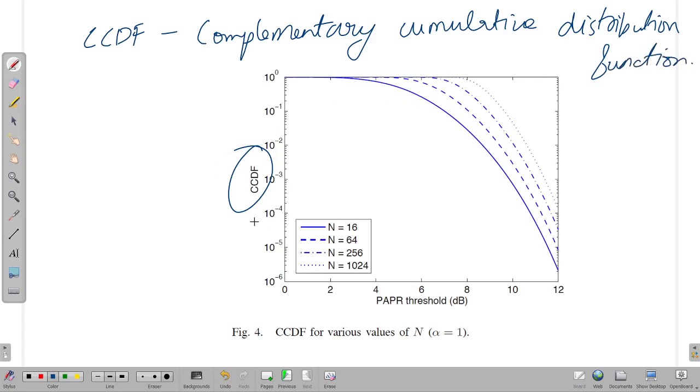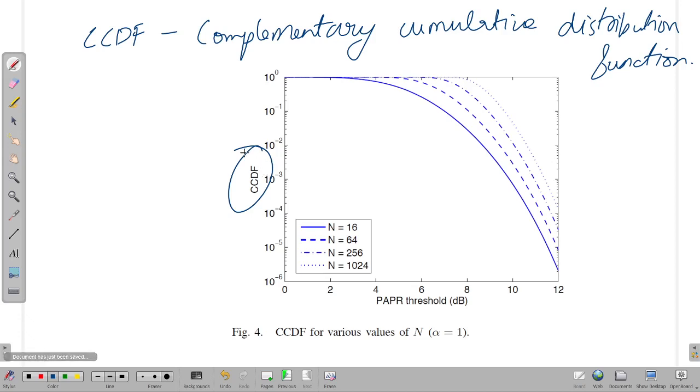In research, to illustrate the PAPR of OFDM signals, often this parameter called CCDF is used.